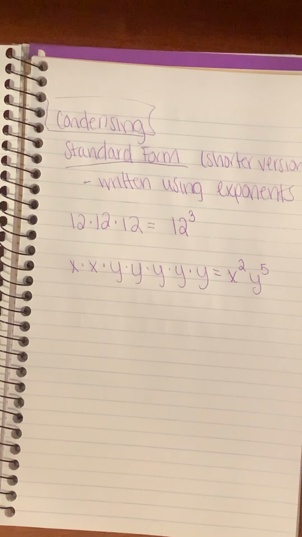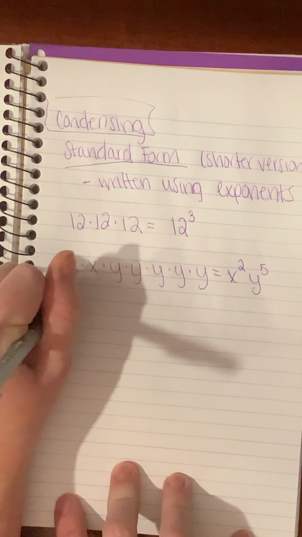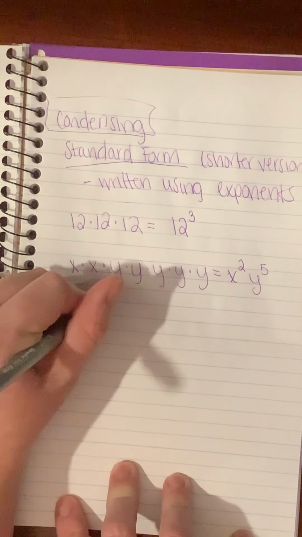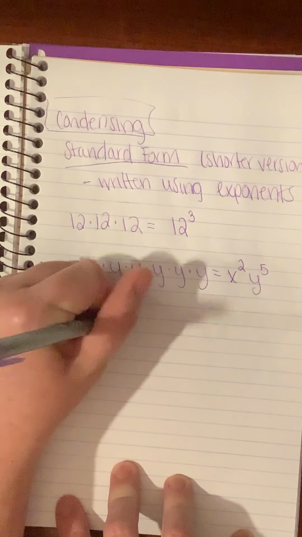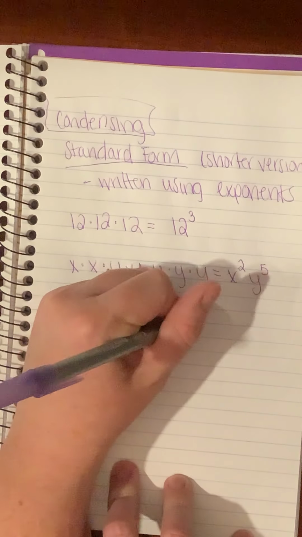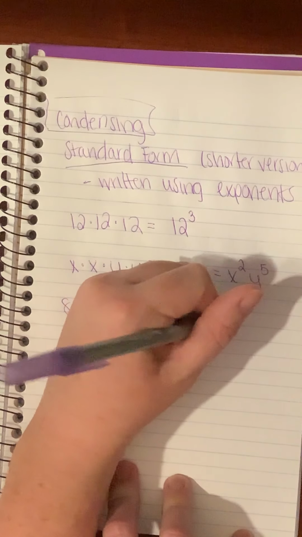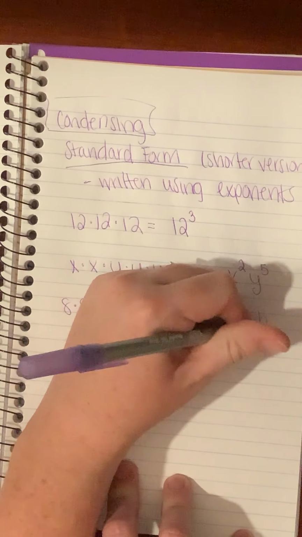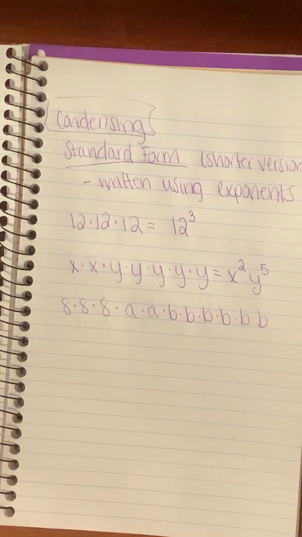All right, let's look at one last example. What if I have, all right, I'll give you a moment to write that. I have 8's, a's, and b's.